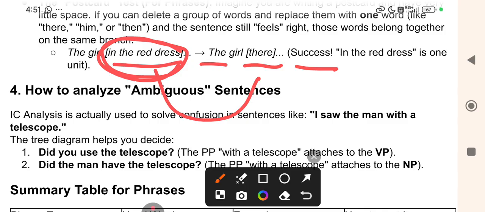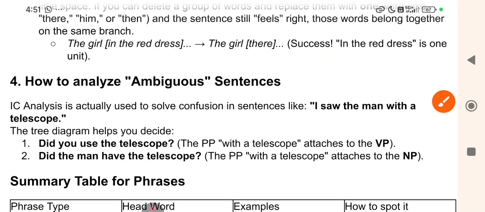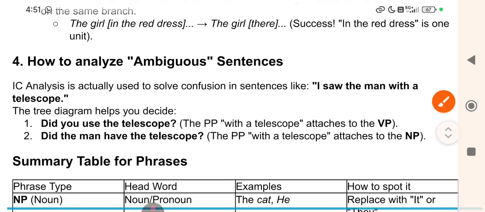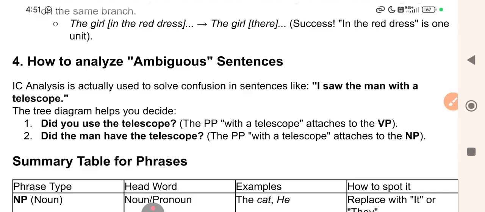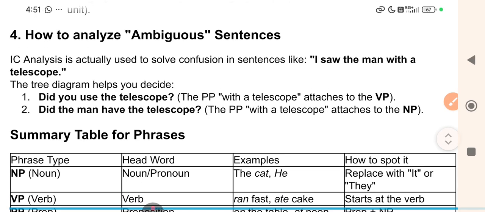So in the red dress is one unit we find, so we can remove that group of words, and we find that it's a suitable substitute, that's a good idea. This way we can find another word, and that is another clue by which we can identify the phrase.